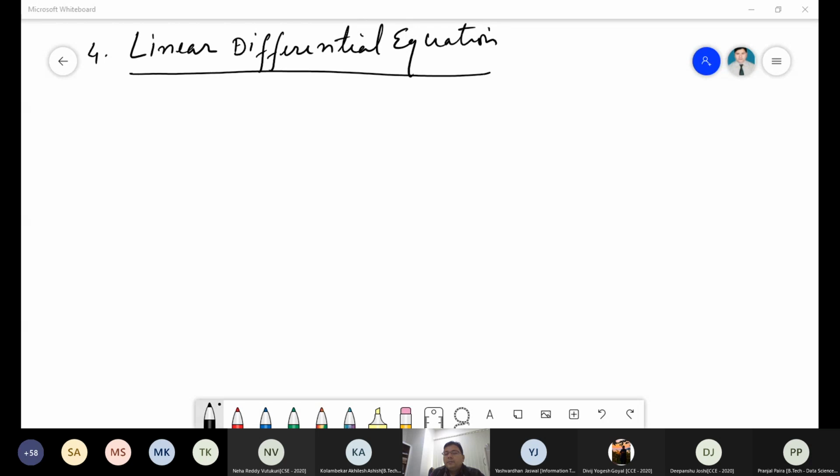So the integrating factor. Integrating factor means what? It gives the solution. It helps us find the solution, right?